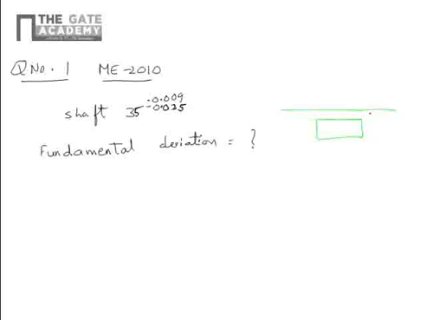If you measure from the basic size, this is the shaft tolerance. This deviation is minus 0.09 and this one is minus 0.025, this point.